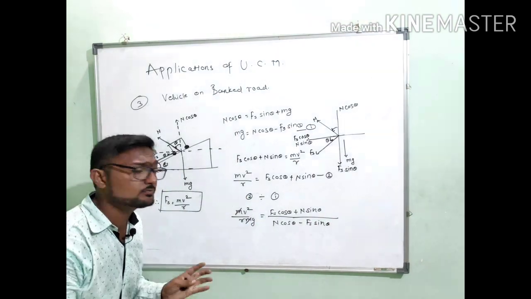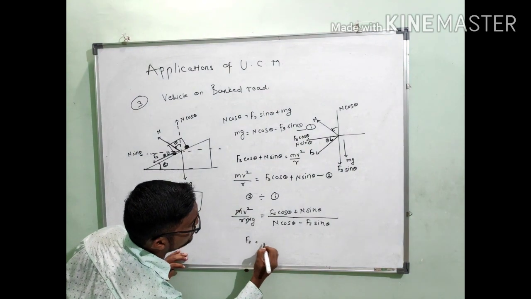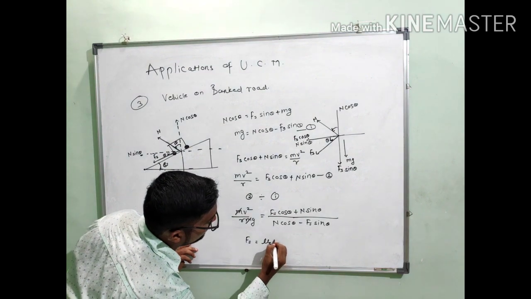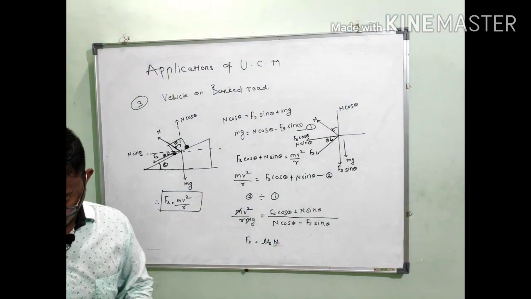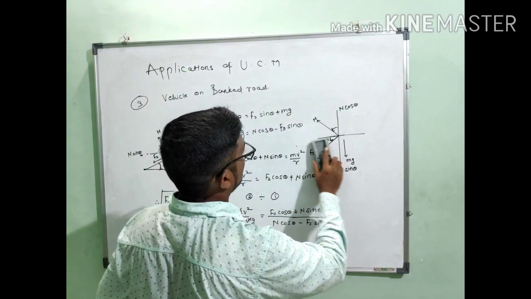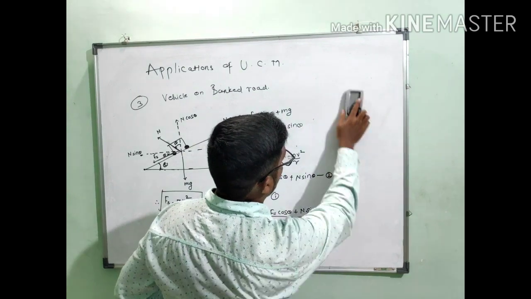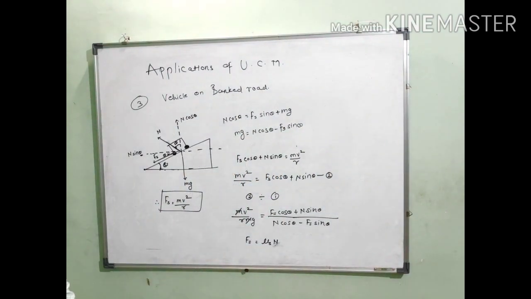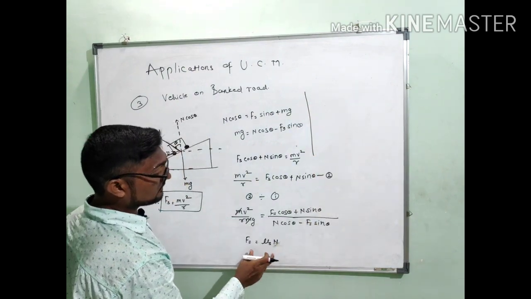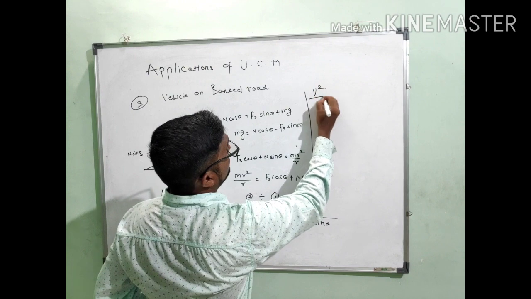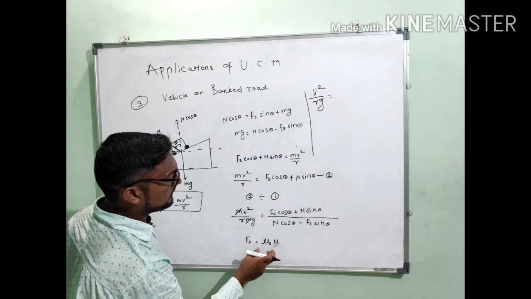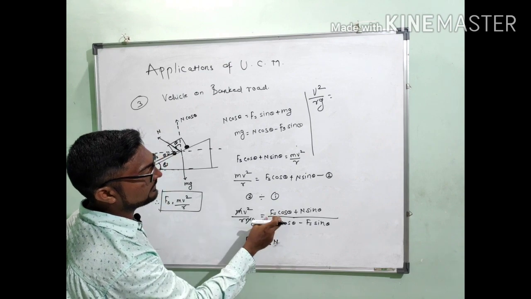Now we know that Fs is equal to mu s N. So let's put that over here. v square upon rg, we will put Fs is equal to mu s N in these equations.